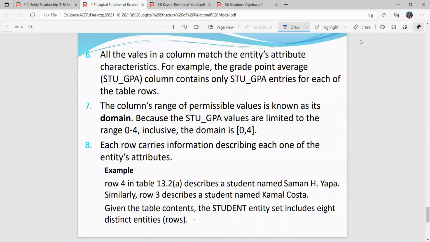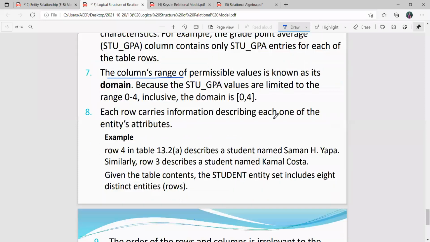Madam, in most of the tables you showed in this session and the previous session, I noticed that the primary key field is a numeric key. Is it a must, or can other data types also be used?